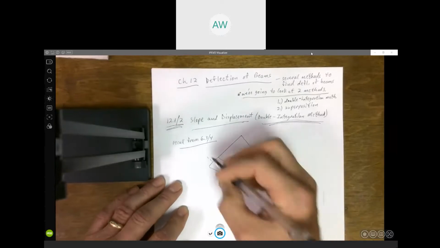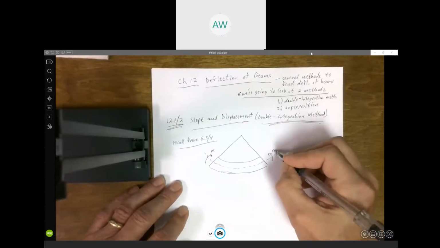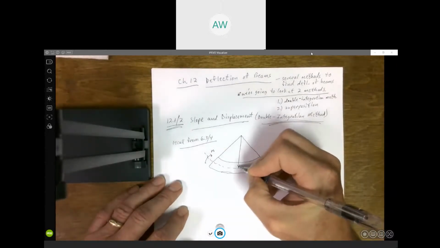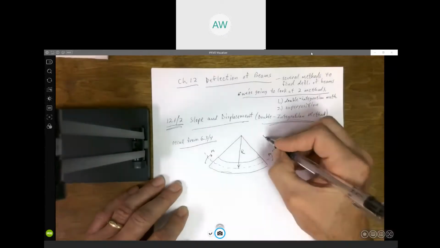We took this beam and applied this bending moment, and we defined the radius of curvature, rho.